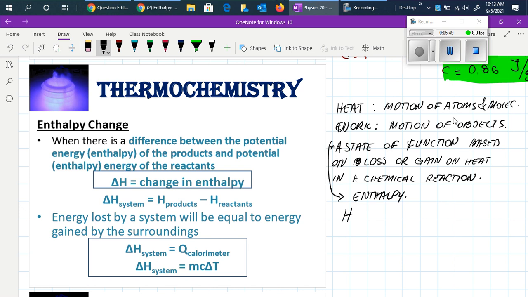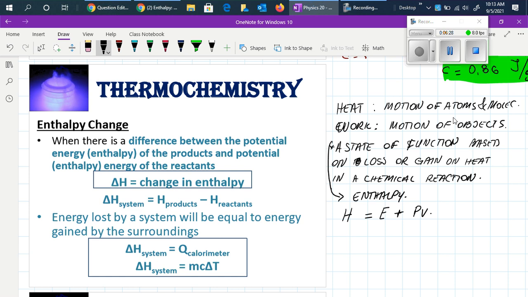Enthalpy is denoted with the letter H, and it is the internal energy of the system plus the energy that is required to shove the surroundings out of the way to make room for the system, which depends on the pressure and the change of volume. So this is impossible to measure.